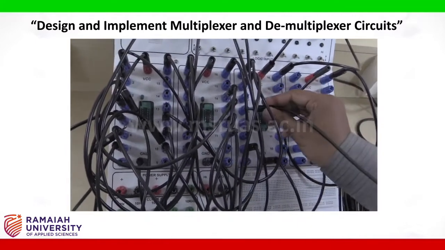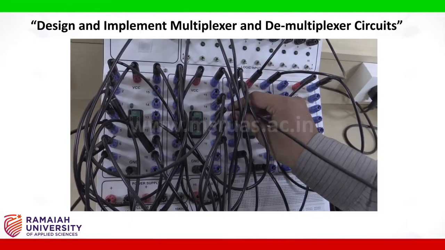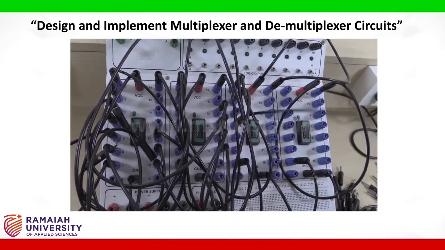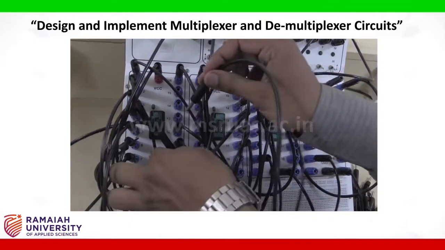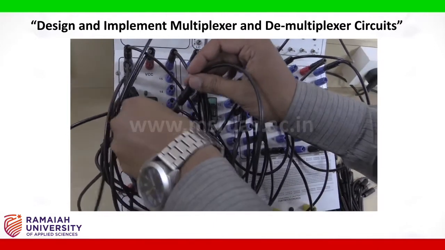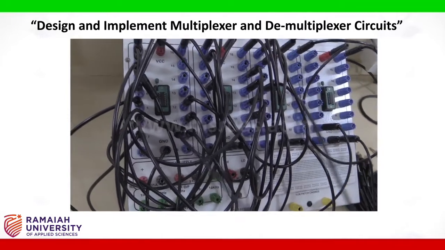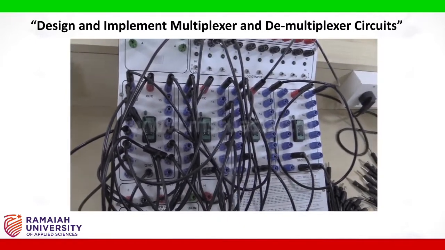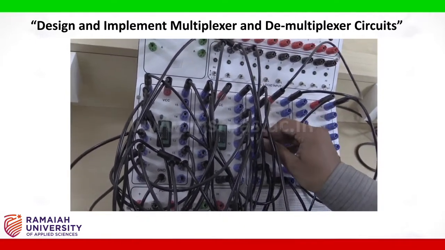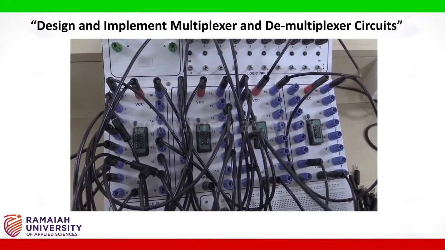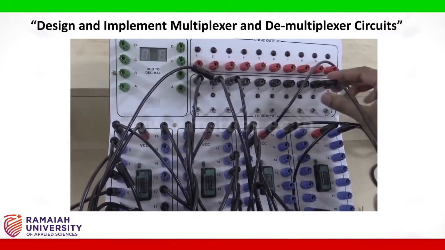Pin number 4 of the 4 input NAND gate is connected to pin number 8 of the 2 input NAND gate. So pin number 5 is connected as I2 input. I am connecting I2 input.